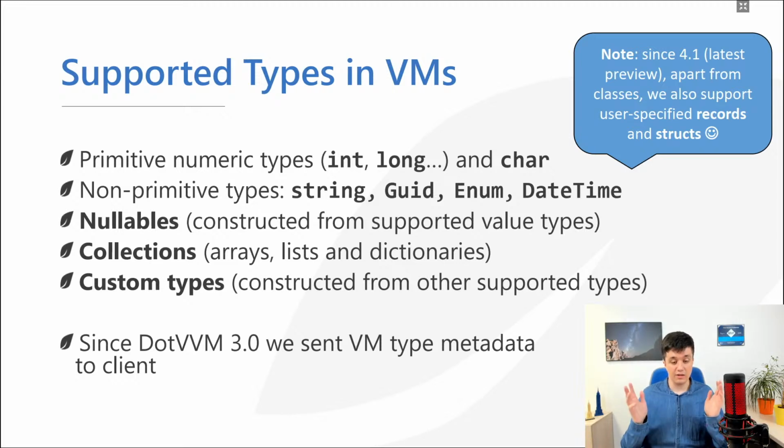So yeah, when it comes to supported types in view models, in DotVVM 3.1, I think it was, we added support for dictionaries, and in DotVVM 4.1, we are extending the support of custom types with records and structs.